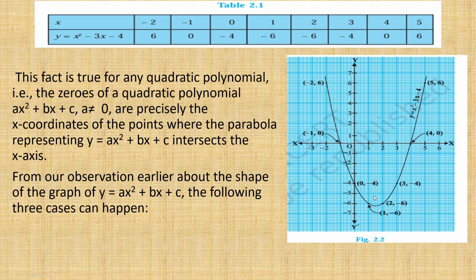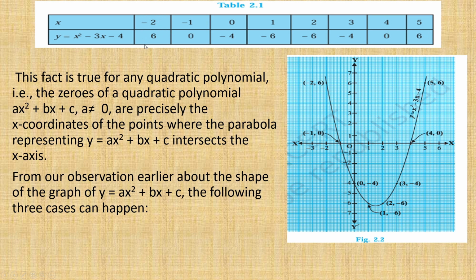So, in this graph example, by combining all these points we got a graph like this. See, minus 2 comma 6 is one point, minus 1 comma 0 another point, here 0 comma minus 4 another point, here 2 comma minus 6 another point, here 3 comma minus 4 another point, next 4 comma 0 another point, 5 comma 6 another point.